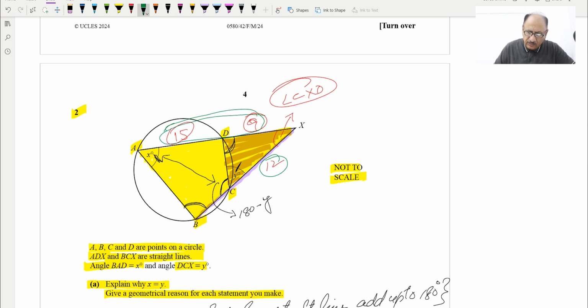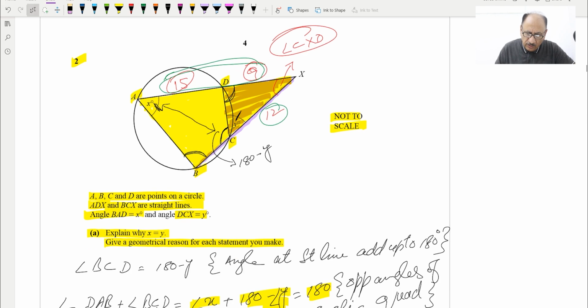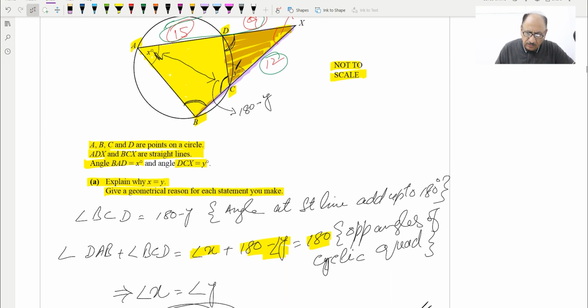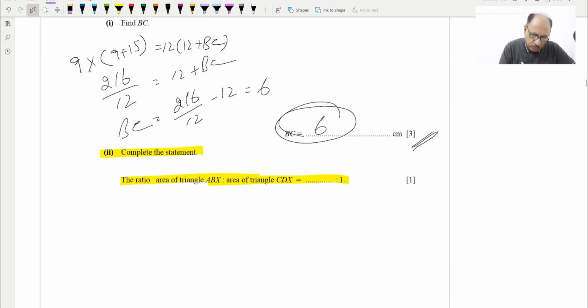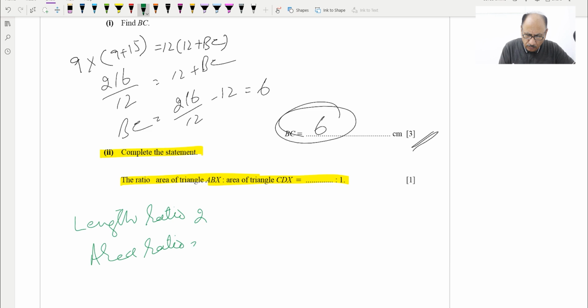So it means the length ratio will be 2. We can write length ratio is equal to 2, so area ratio will be equal to 2 square, which is equal to 4. So we can write answer over here as 4, and this is a 1 mark question.